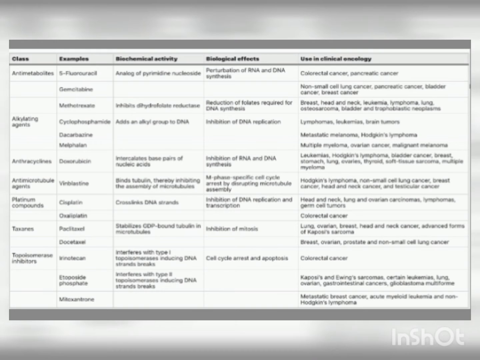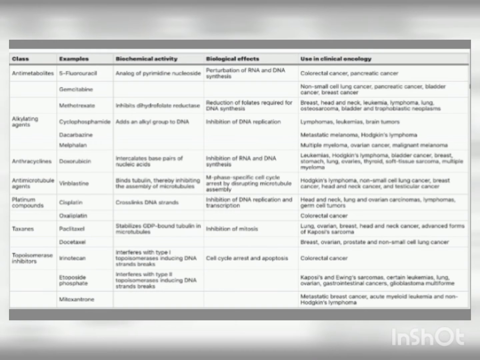cyclophosphamide, dacarbazine and melphalan. They add an alkyl group to DNA, inhibiting DNA replication, and are used for lymphomas, leukemias, brain tumor, metastatic melanoma, lymphoma, multiple myeloma, ovarian cancer, and malignant melanoma.